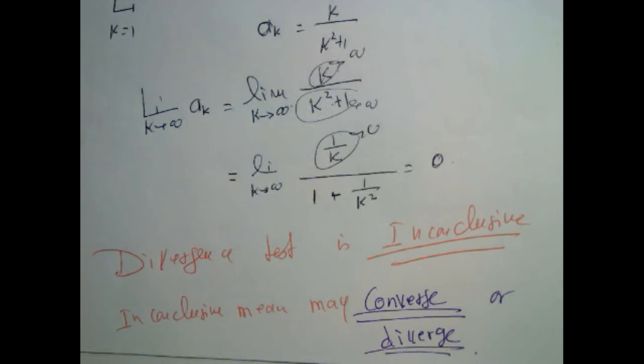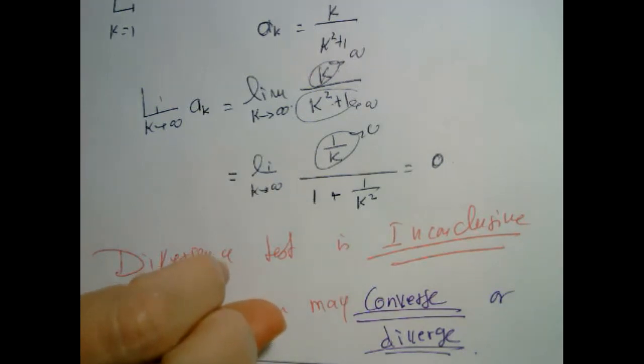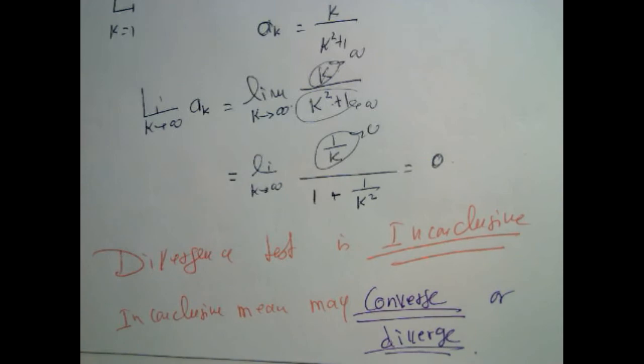So if the terms don't become small, the series immediately diverges. If they become small, we have no idea. They become small, but not too small. They still add up to something at the end.